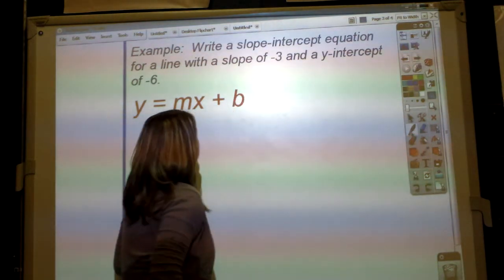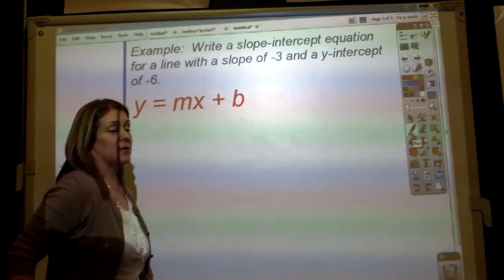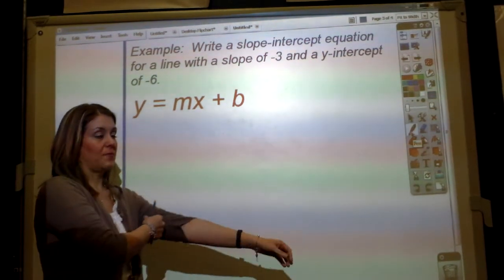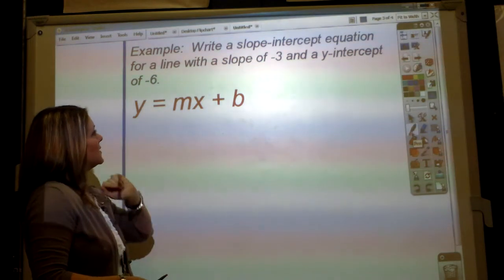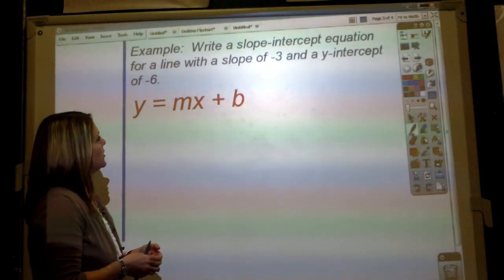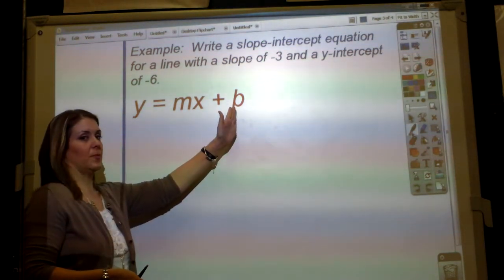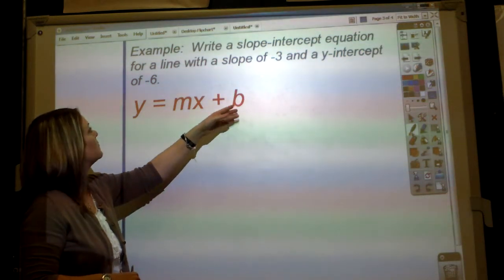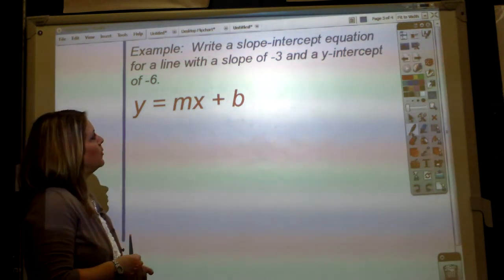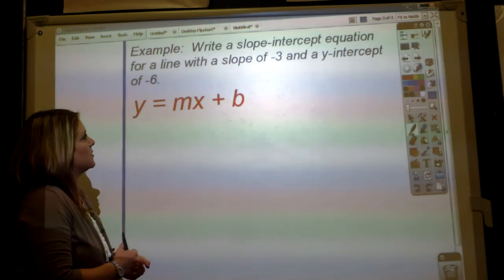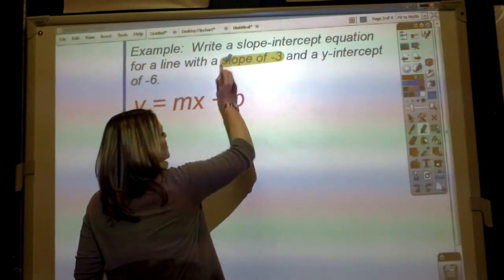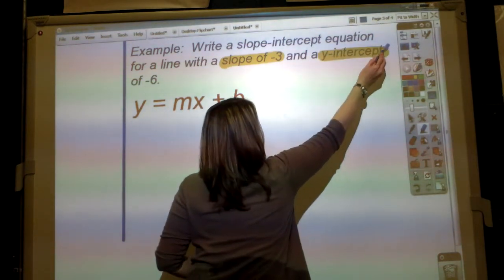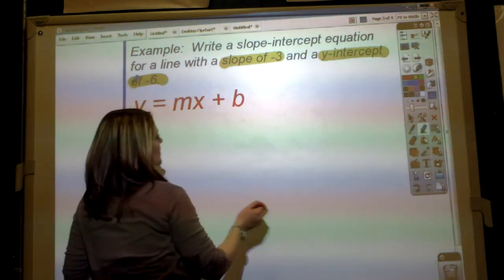Let's now look at a few examples where we will write an equation in slope-intercept form when we're given some information about the line. First example: write a slope-intercept equation, so we know we're going to put it in the format y = mx + b, for a line with a slope of -3 and a y-intercept of -6. So think about what they gave you. Slope of -3, y-intercept of -6.